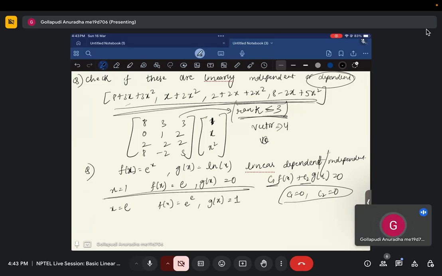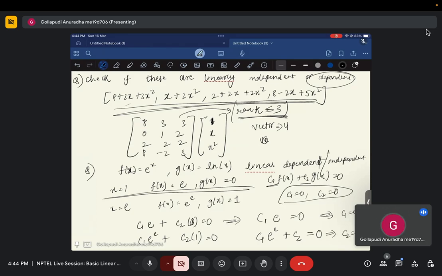For this condition, c1 e plus c2 times 0 is 0, and c1 e power e plus c2 times 1 is also 0. Solving these, the first gives c1 e equal to 0, so c1 is 0, and substituting in the second gives c2 also 0.